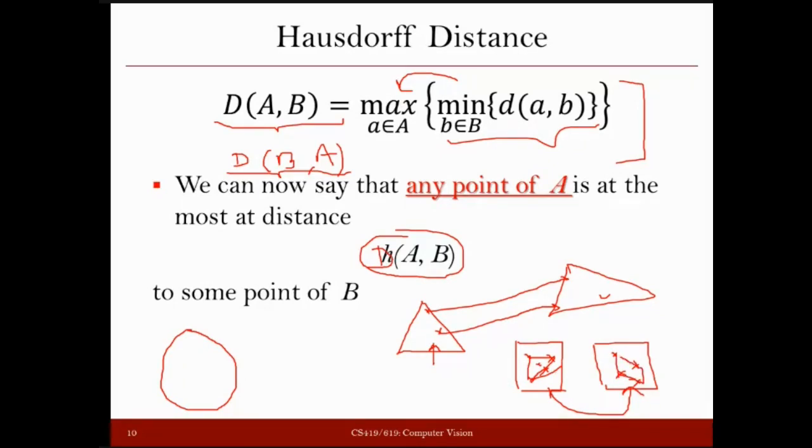Now you can use the Hausdorff distance to compute the distance between this and this shape, where the shape is defined with the help of those set of points. So whatever distance you get with respect to these shapes is in some sense the distance between the two point sets that you have considered.